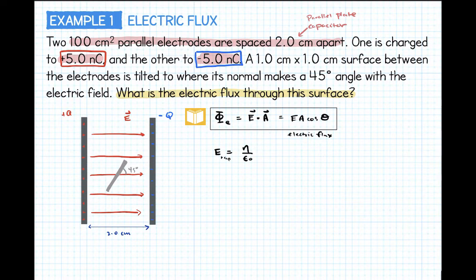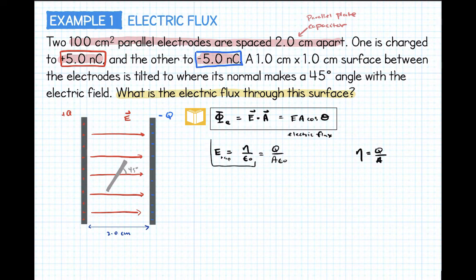But since we don't actually have the surface charge density, we're given the charge and the area. As a side note, surface charge density is Q over A, so we can rewrite this as Q over A epsilon naught. This is a definition.